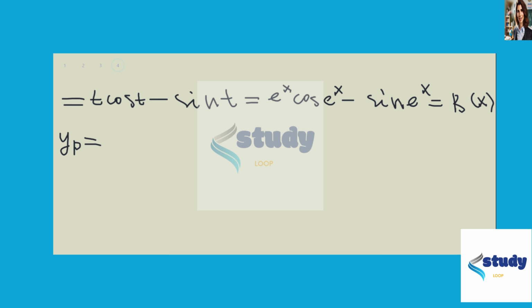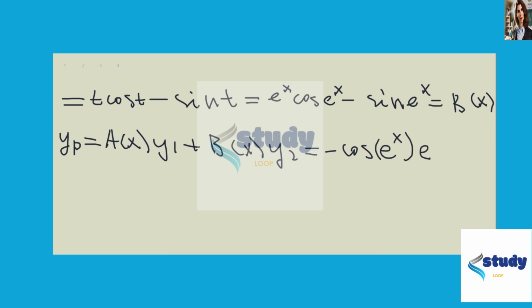So yp would be a(x) y1 plus b(x) y2, and a(x) is negative cosine e to the x times e to the negative x, and b(x) is here, and multiply that by e to the negative 2x. So it's parenthesis e to the x cosine e to the x minus sine of e to the x times our y2, which is e to the negative 2x.